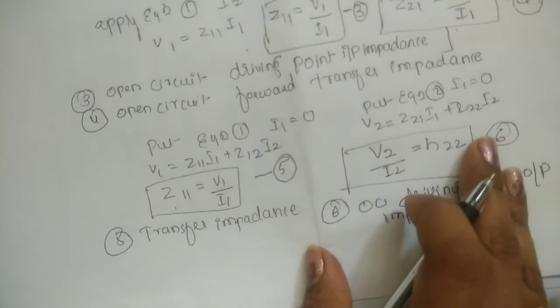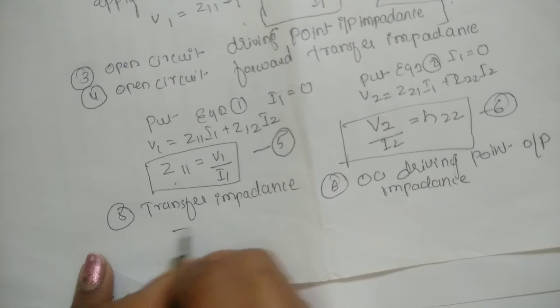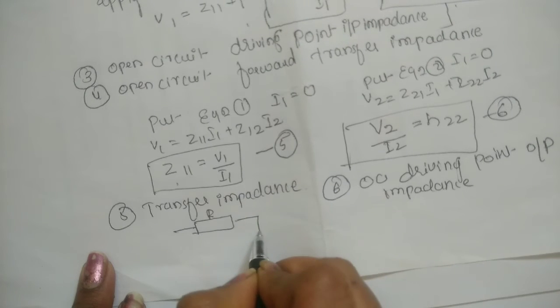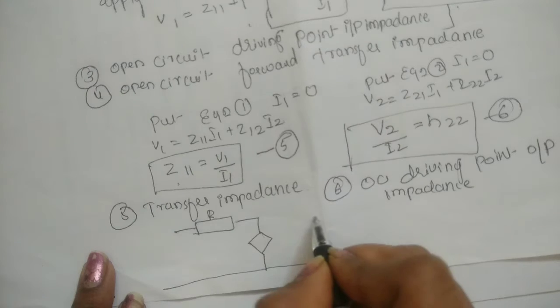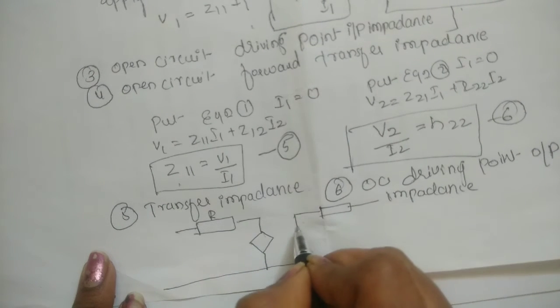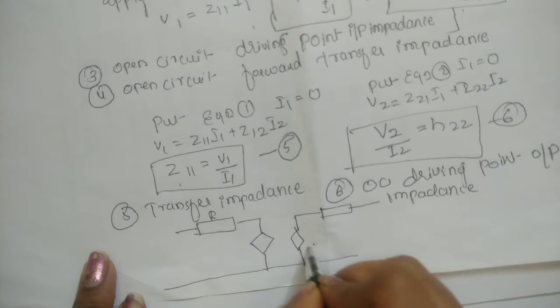The equivalent circuit of this is drawn like this. This is a resistance symbol. This is the input, this is the output.